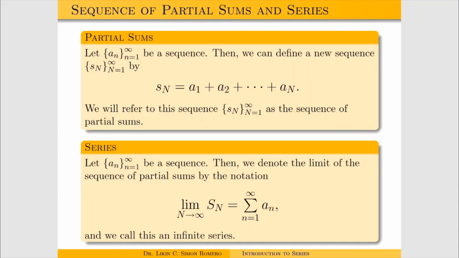Remember, in the previous section we talked about the limit of a sequence. Well, now our S of n is a sequence that is defined in terms of these sums. And so if we look at the limit as n goes to infinity of S of n, this is the same thing as the sum of the infinite series.